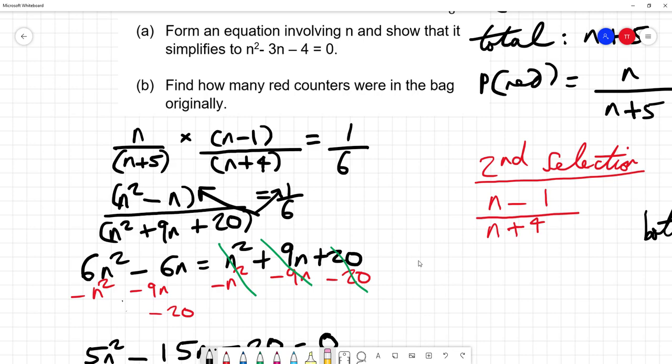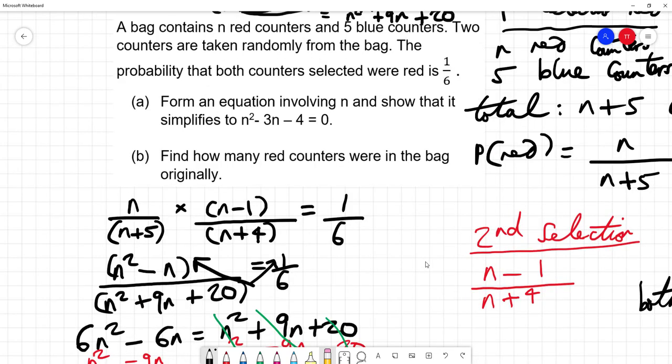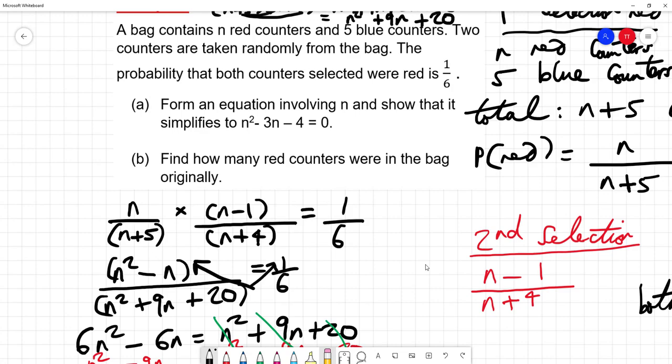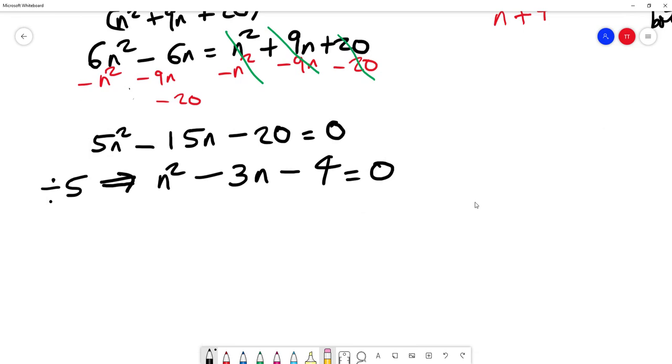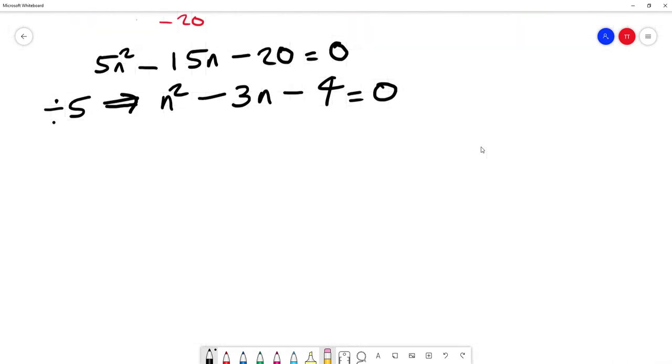Now we're going to solve to find out how many red counters were in the bag. And don't forget, the question does state that there were n counters that were red. So when we find the value of n, this will give us the result required. So now we can factorize this quadratic.